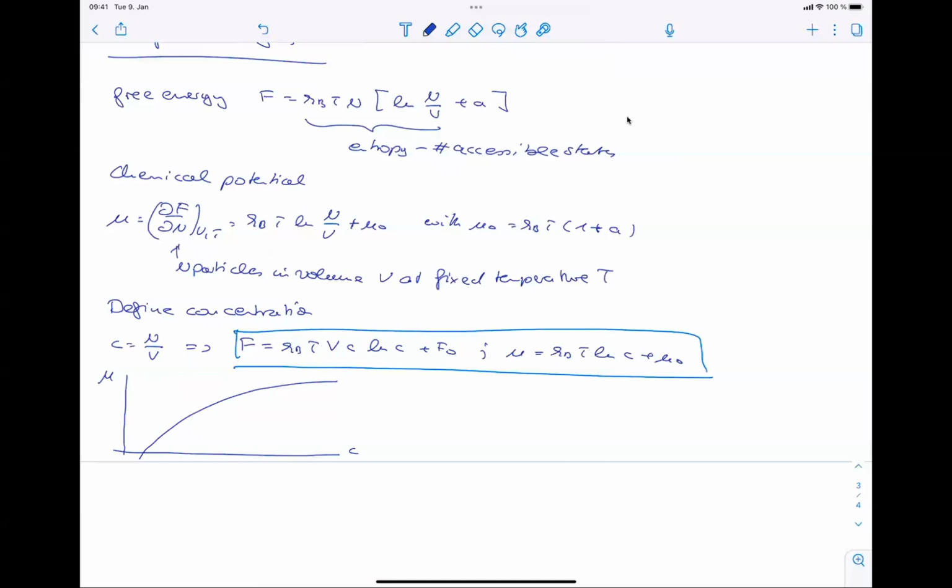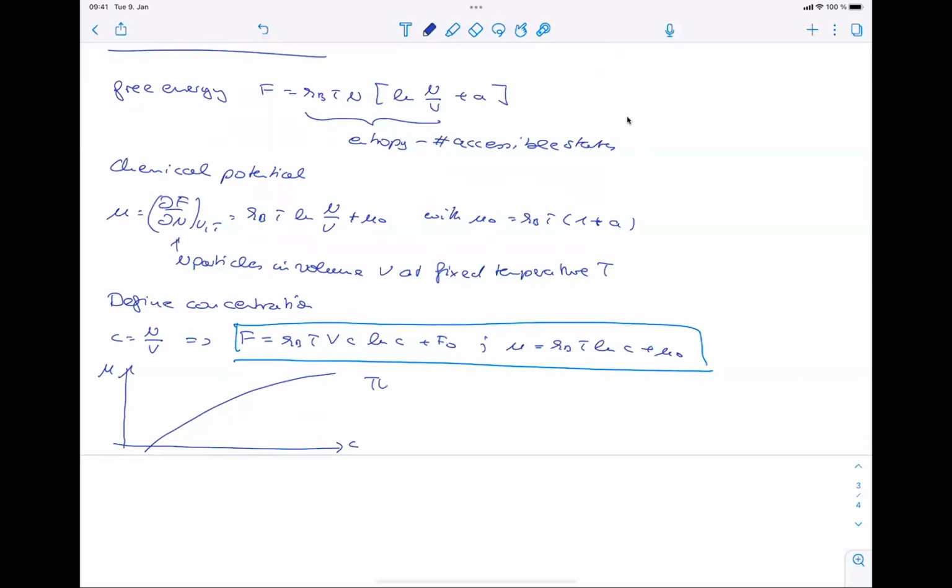And this tells me that, sorry, this looks like it's saturating and it's not. Let me try again. This is a logarithmic. Okay, there we go. So if I want to increase the concentration, I need to invest more and more in the chemical potential to allow for increasing the concentration.